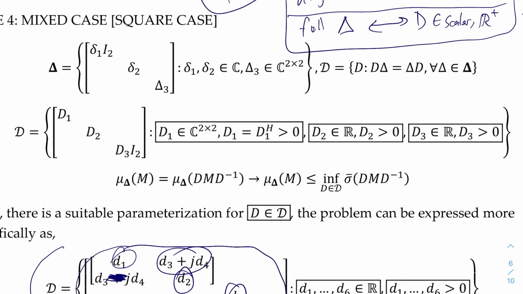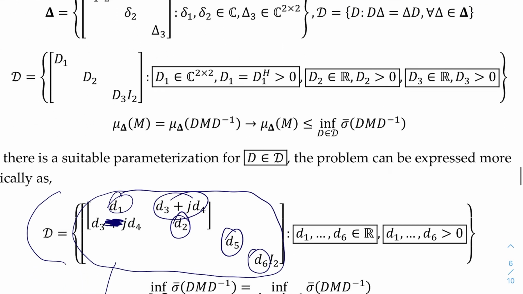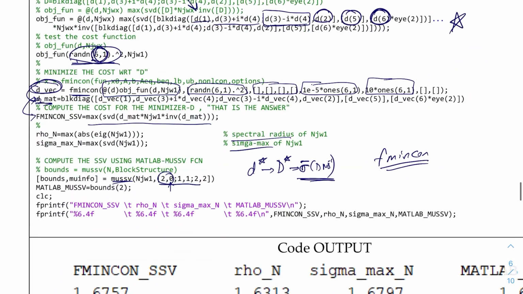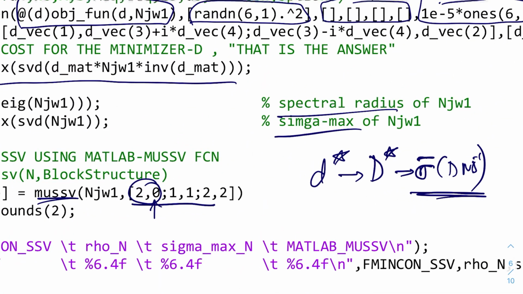And then only a scalar delta, and then a full 2 by 2 delta, right? When we say scalar, we mean 1 by 1, and then full 2 by 2.